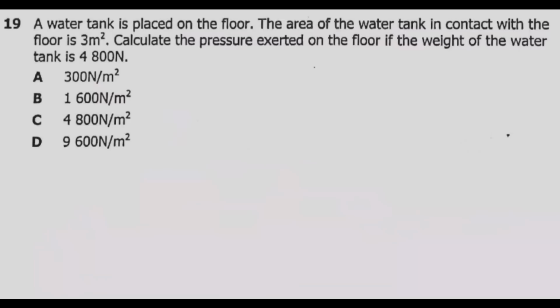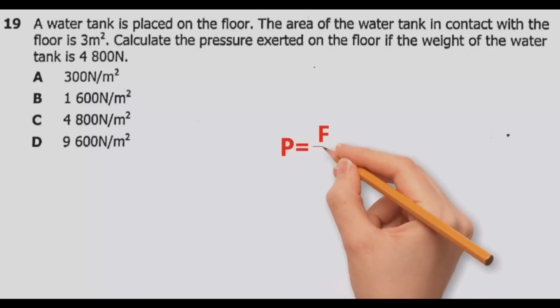Okay, question 19 was as follows. A water tank is placed on the floor. The area of the water tank in contact with the floor is 3 meters. Calculate the pressure exerted on the floor if the weight of the water tank is 4,800 Newton. We write the formula of pressure, which is pressure is equal to force over area.